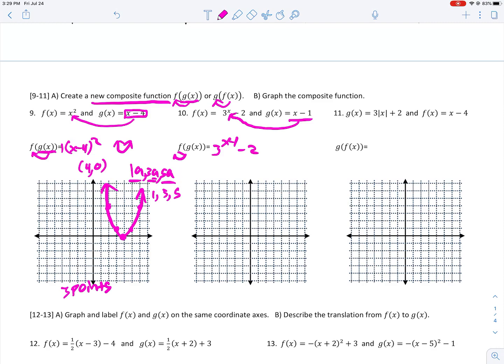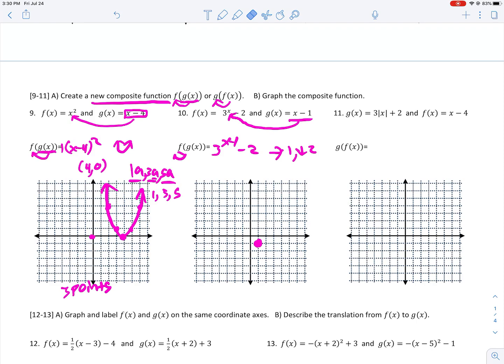So now just remember though, the key point was 0, 1. Now it's been shifted to the right 1 and down 2. So over here was 0, 0. Now it's 0, 1. It's been shifted. So if we go right 1 and down 2, there's the new key point. Okay.